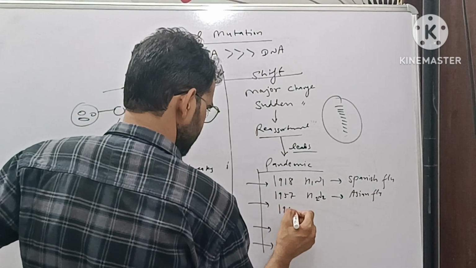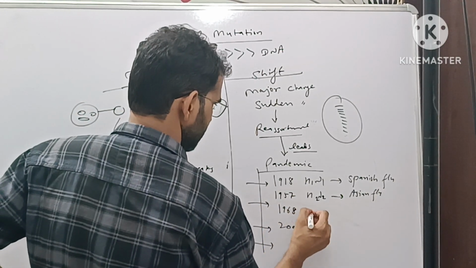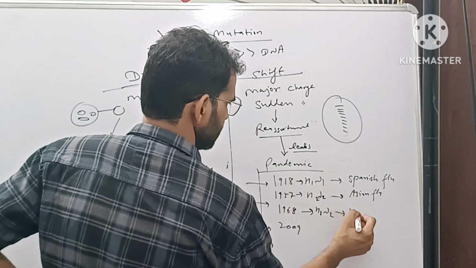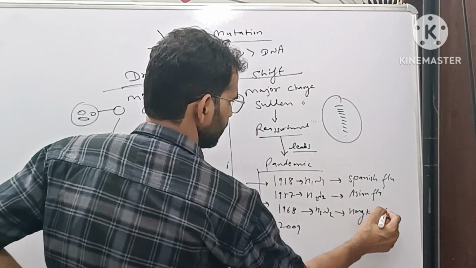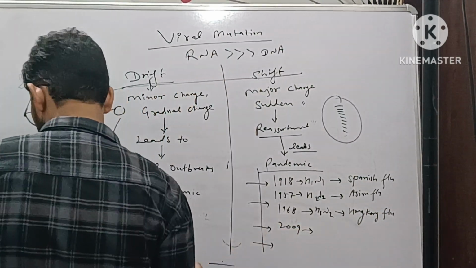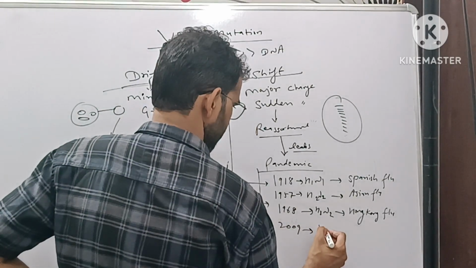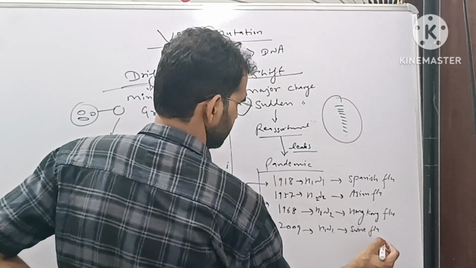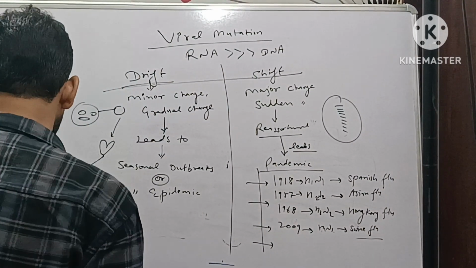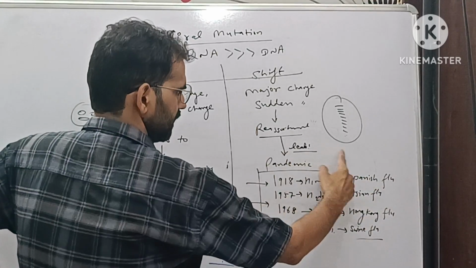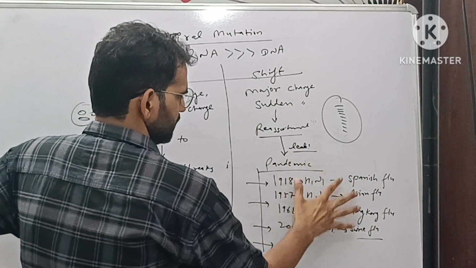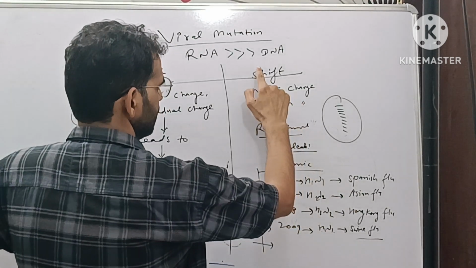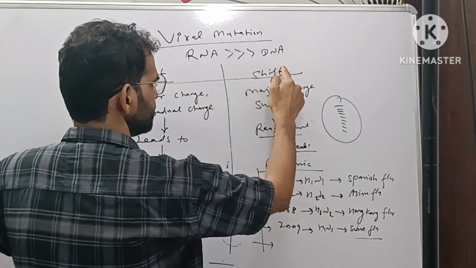Then 1968, H3N2, that was Hong Kong flu. And in 2009, again it was H1N1, that was swine flu. So these were some of the major pandemics in the past, and these pandemics were due to reassortment, which causes the antigenic shift.